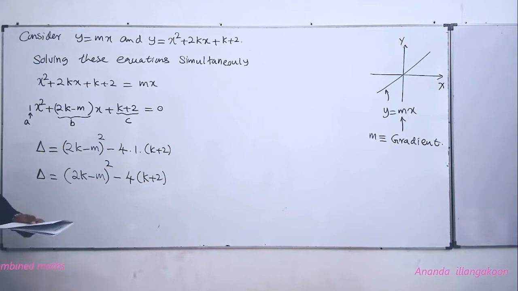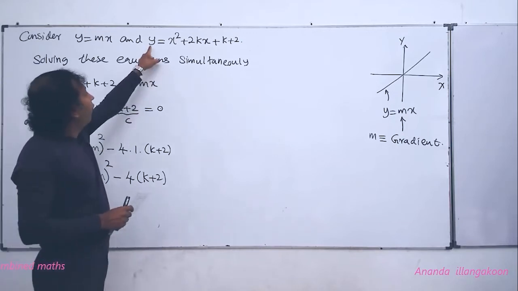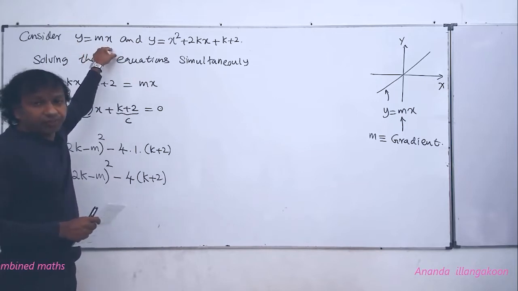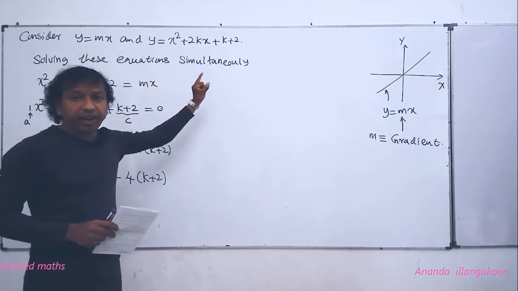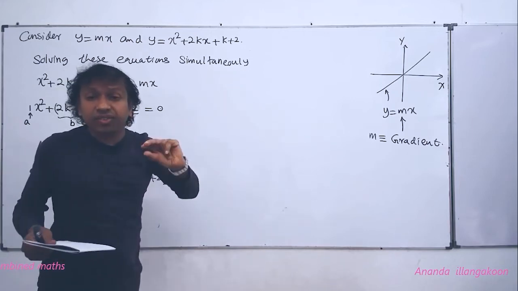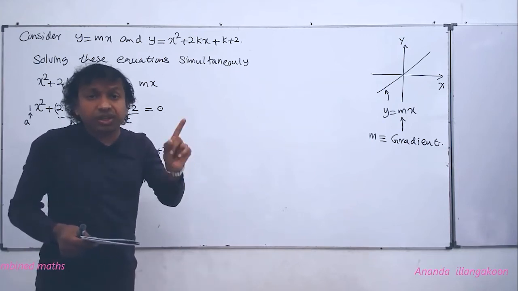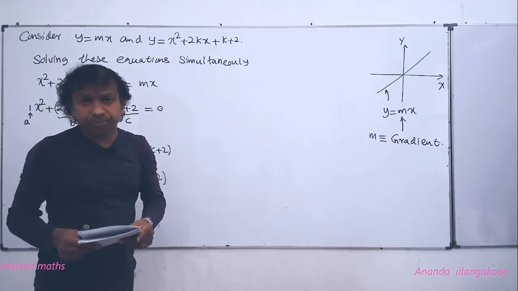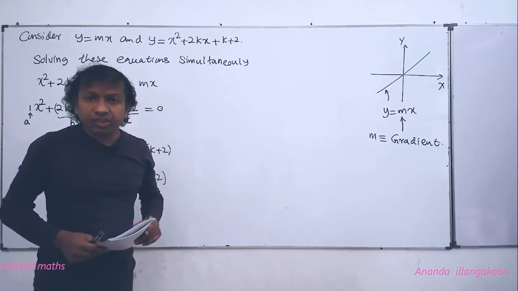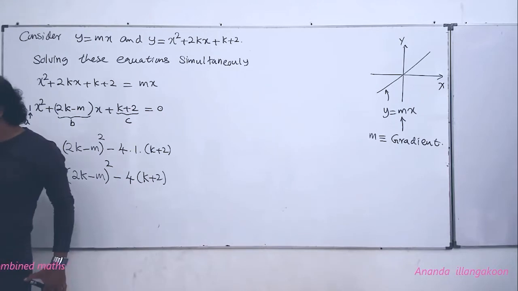We write: y equals this graph and y equals mx intersect at two distinct points. You know, people, the word distinct means different, right? By that statement we start this question.